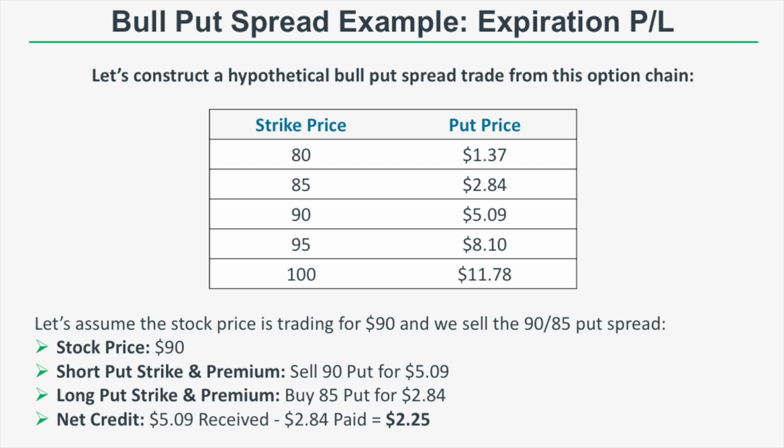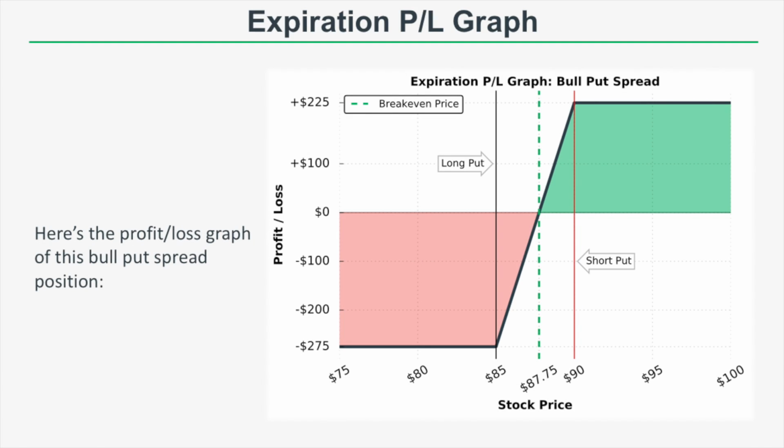Let's take a look at the expiration risk profile graph for this example trade. As we can see here, the maximum profit potential is $225, and that's realized if the stock price is at $90 or above $90 at expiration.